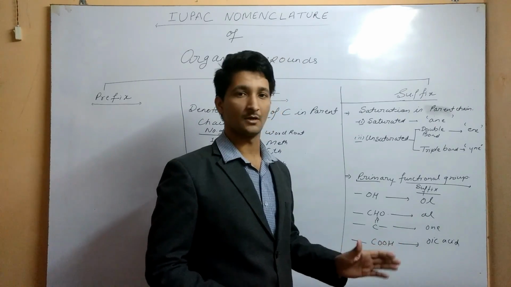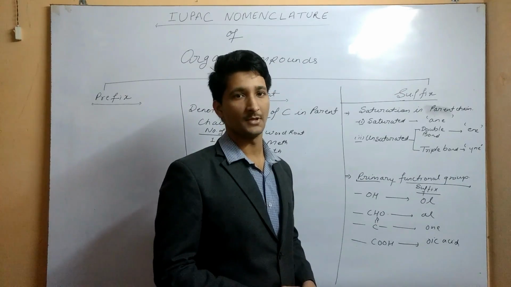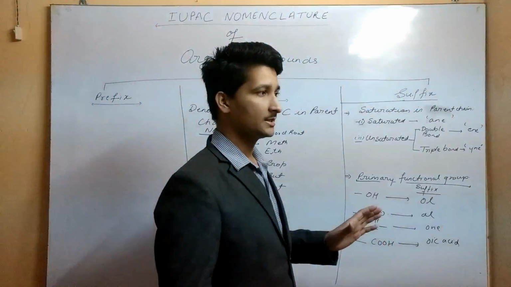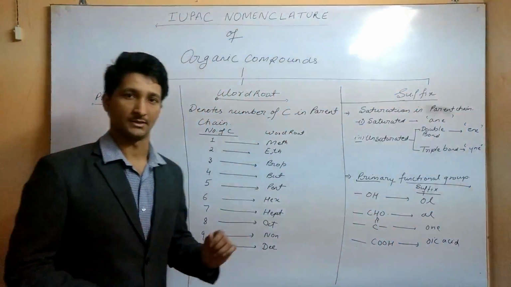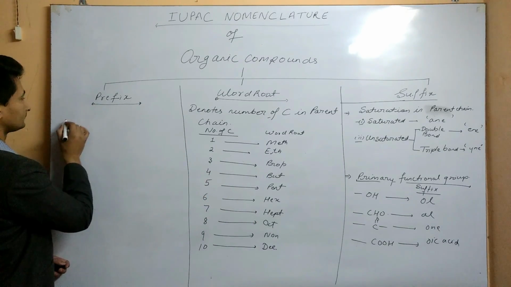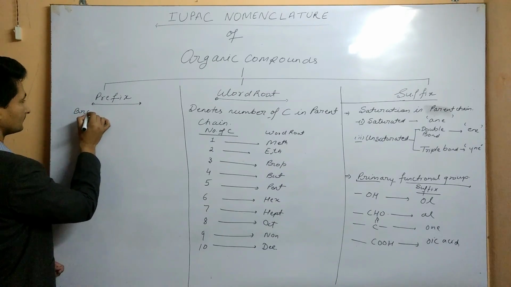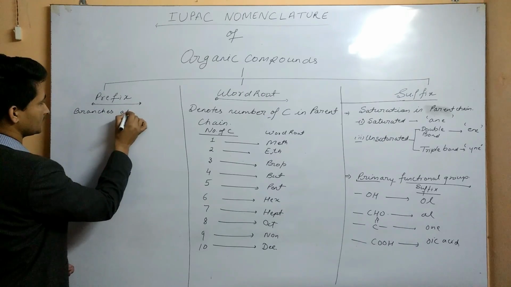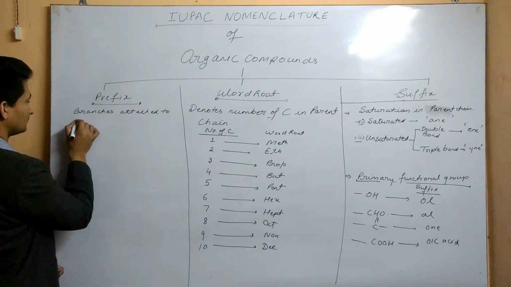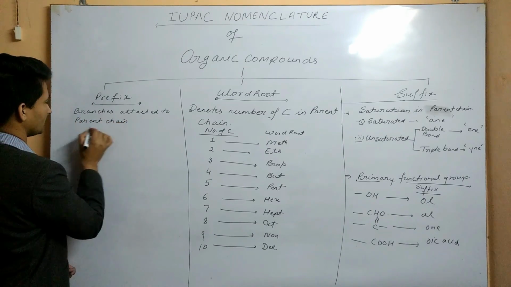If there is more than one functional group, then definitely the functional group may be present in branches. So the prefix denotes branches attached to the parent chain.